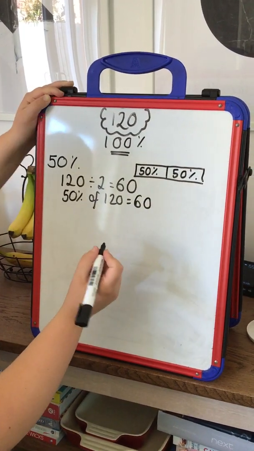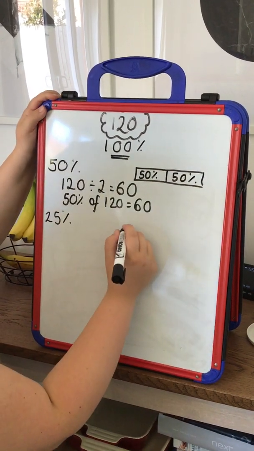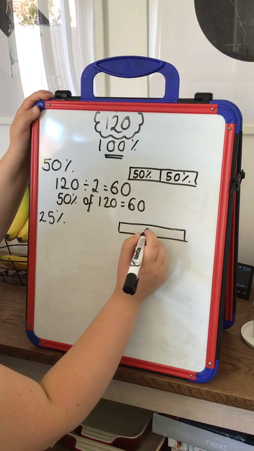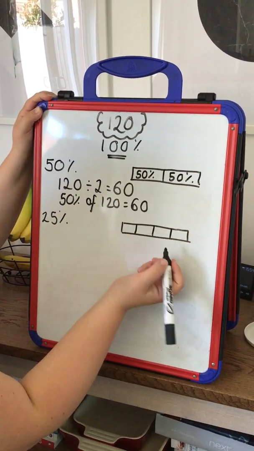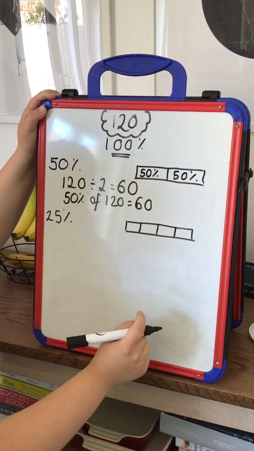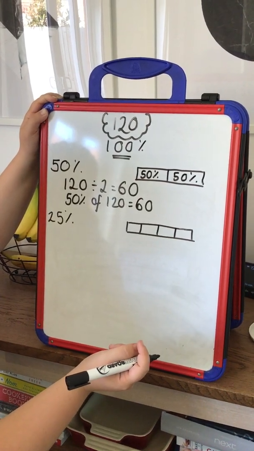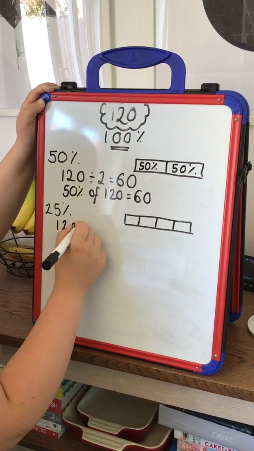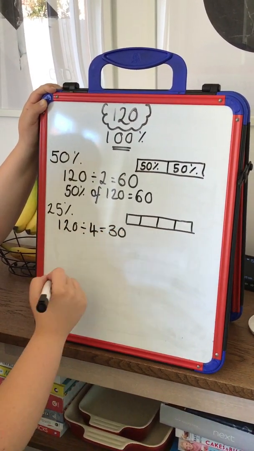From there, you can also look at finding 25%. There's a few ways you can do this. I'll show it you in a couple of ways. So here's your bar again. This time, instead of splitting it into 50, I'm going to half and half again. And I know 25% is equal to my quarter, 4 equal parts there. So this time, instead of dividing by 2, I'm going to need to divide by 4, which will give me an answer of 30.